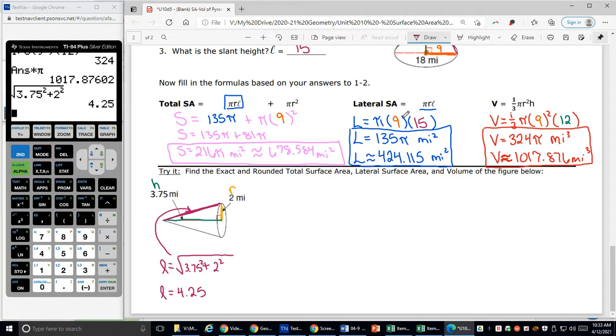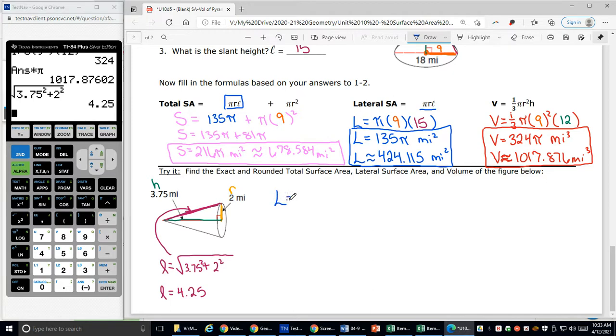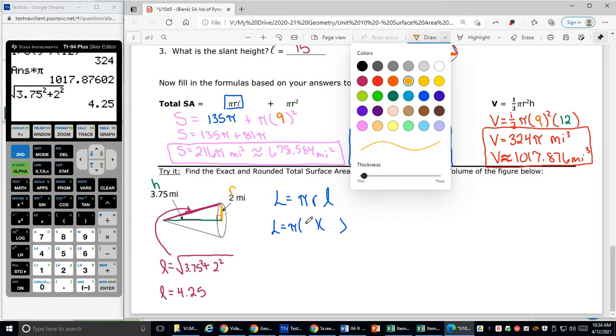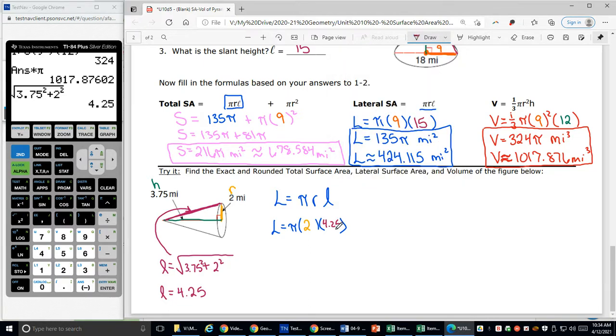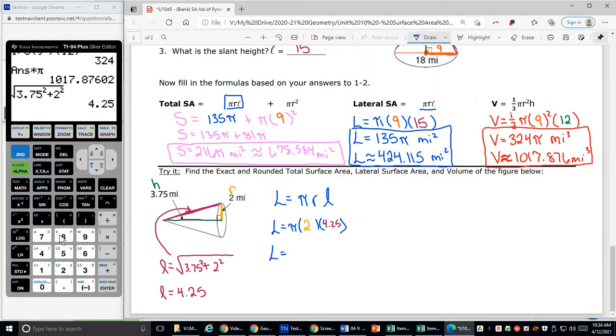Okay, so now I'm going to do my lateral area first. My lateral area equals pi RL. So my lateral area is pi times R times L. My radius is 2. My slant height is 4.25. My exact answer is 2 times 4.25.